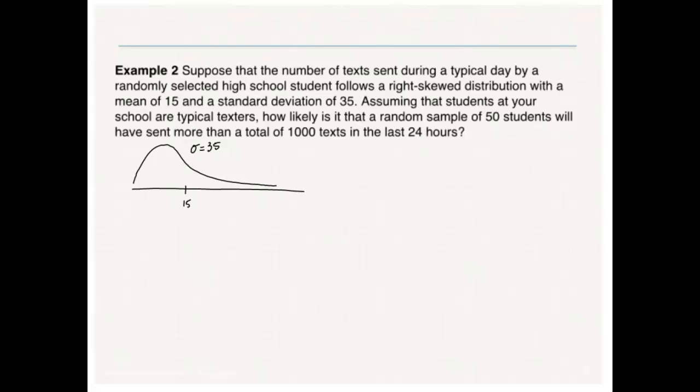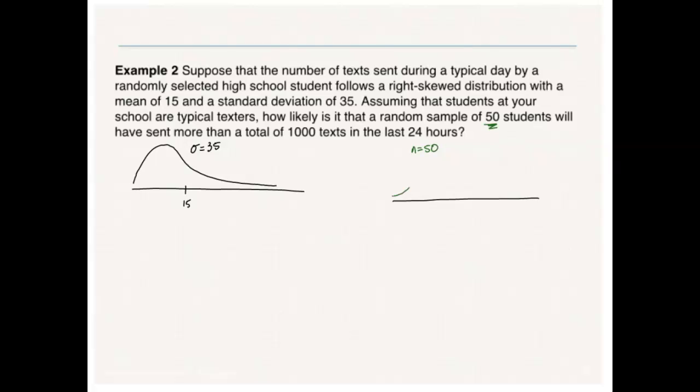Assuming students at your school are typical texters, how likely is it that a random sample of 50 students will have sent more than a total of 1,000 texts in the last 24 hours? All right. So if we talk about a sample of size 50, so n equals 50, if I were to sample 50 students over and over again and look at their average number of texts sent during the day, here's what I know.